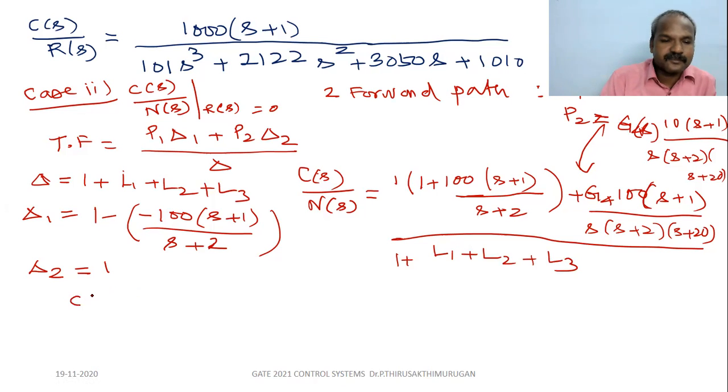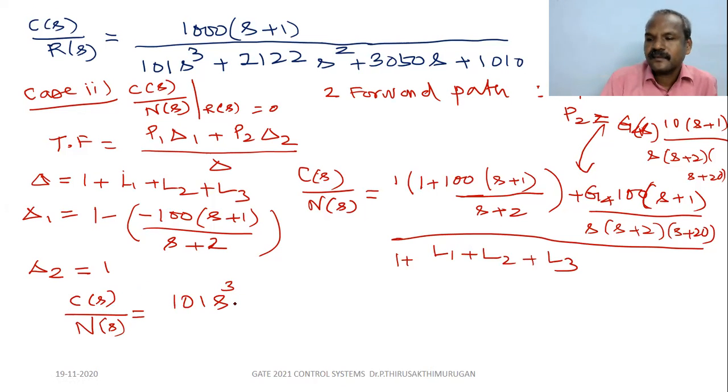So the final expression for C of S by N of S equal to 101... please simplify.